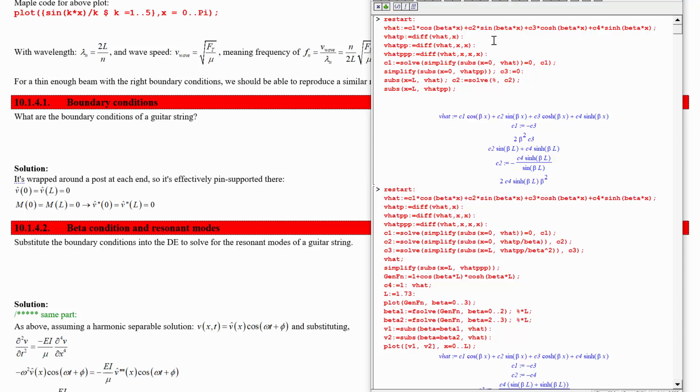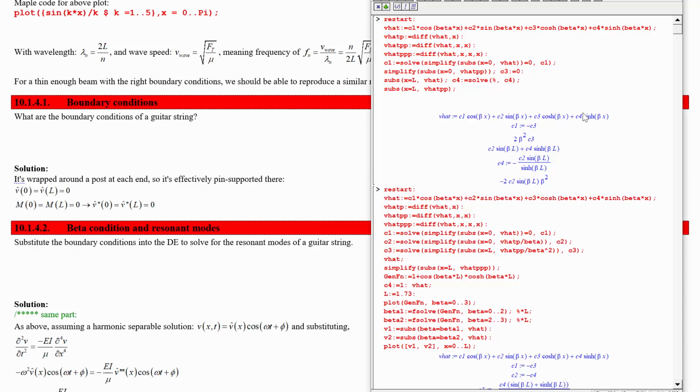Where it went wrong is when we said let's solve this thing for C2, that assumes that sine beta L is not equal to 0. It turns out that actually what you need to do is solve it for C4 and then substitute x equals L into v hat double prime and apply that this condition is equal to 0.